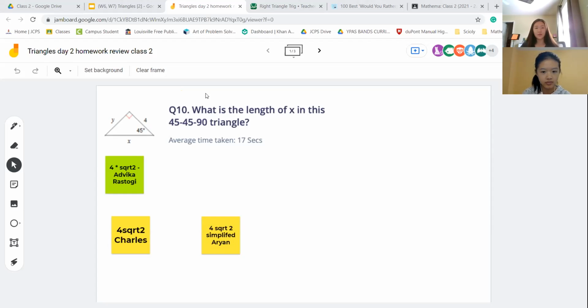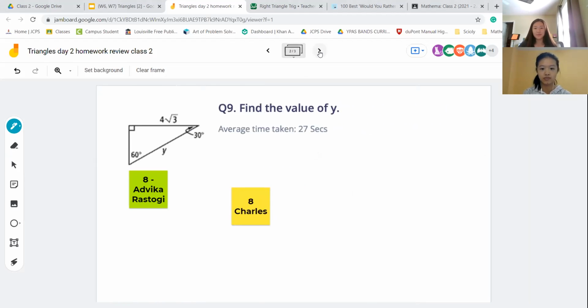So one of the legs is 4, so x must be 4 root 2. There we go.